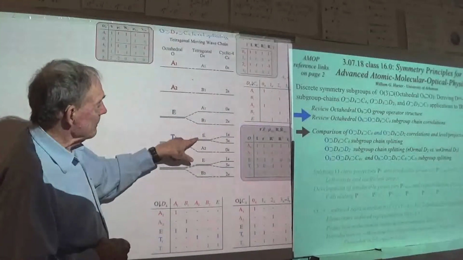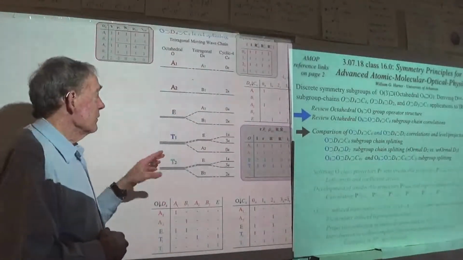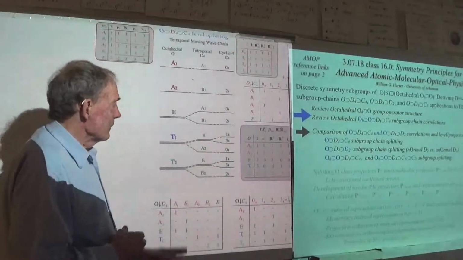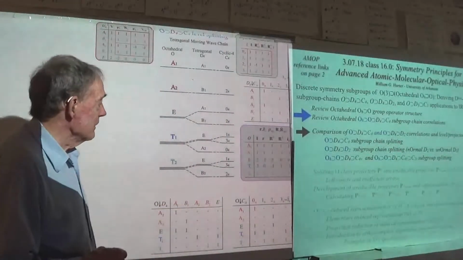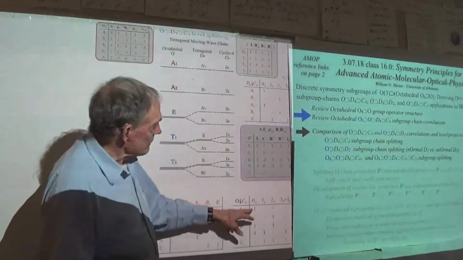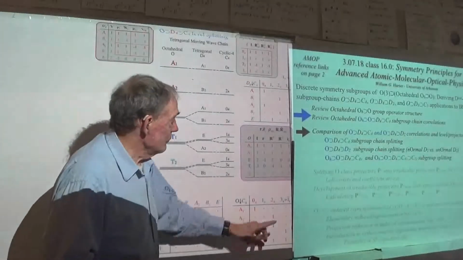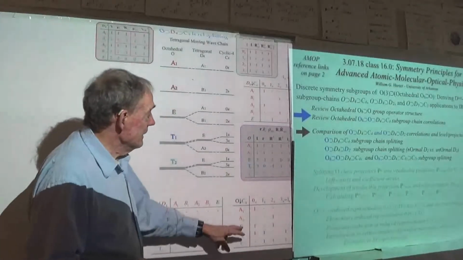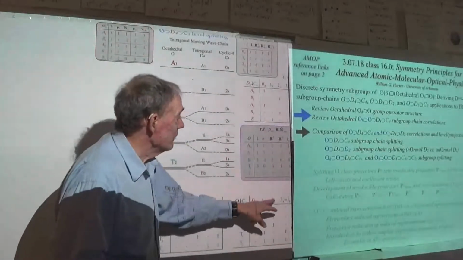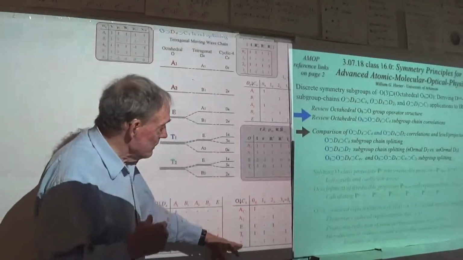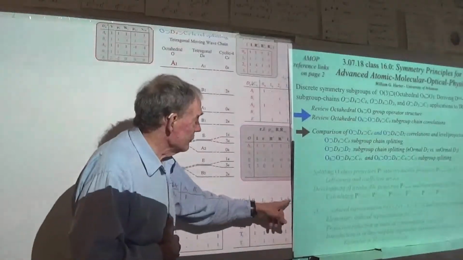But this one, when it splits in two by going to the D4 symmetry, could still split some more. And we're going to take it all the way to this. So that's the splitting. A1 is 0 sub 4, A2 is 2 sub 4, E is two of those together, 0 sub 4 and 2 sub 4, and then the T1s and T2s make use of 1 and minus 1.